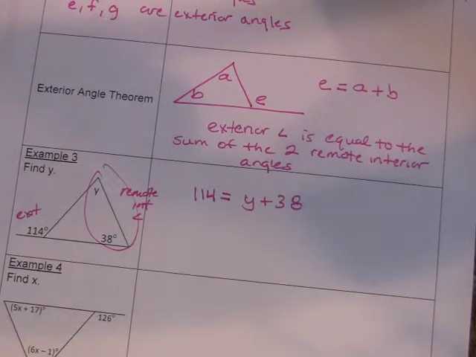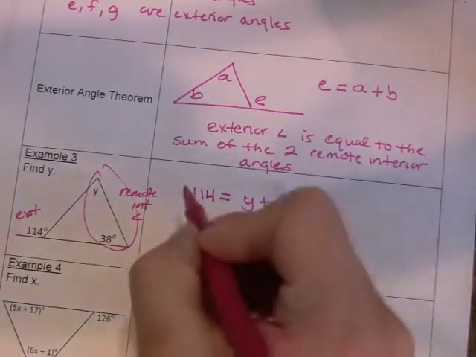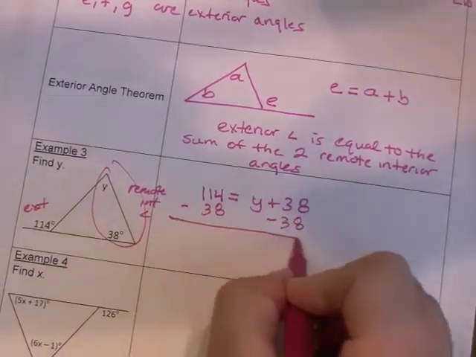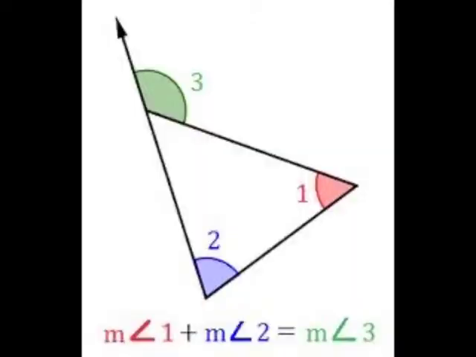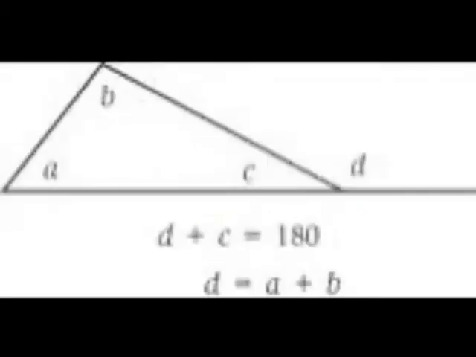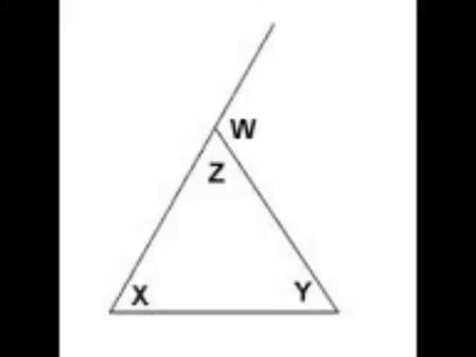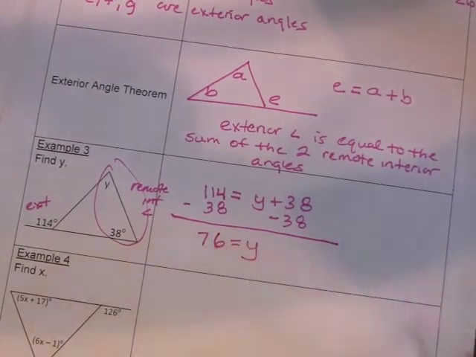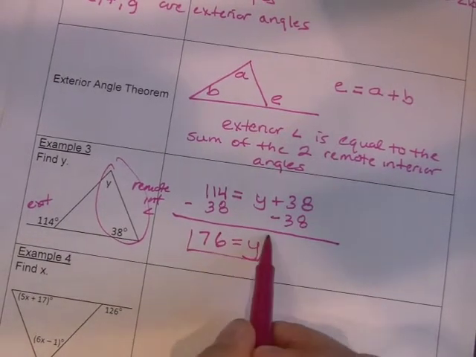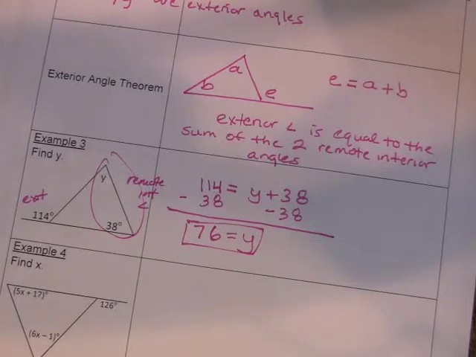So solving this here, when I take minus 38 on both sides, you're going to get 76. And that's how we get y.